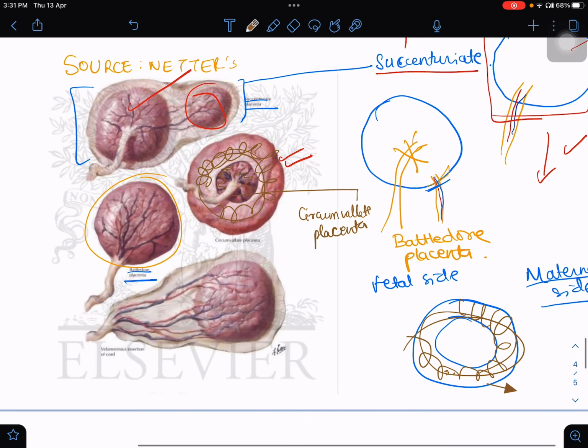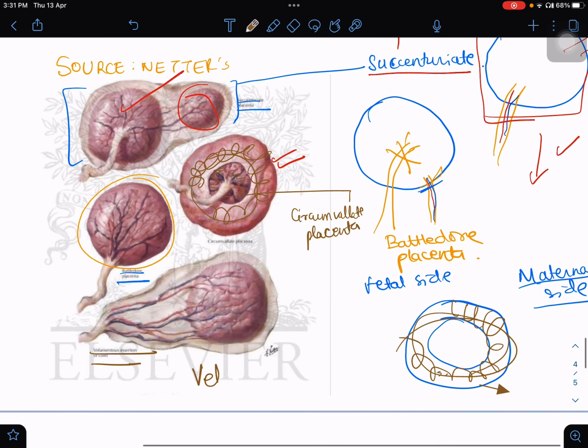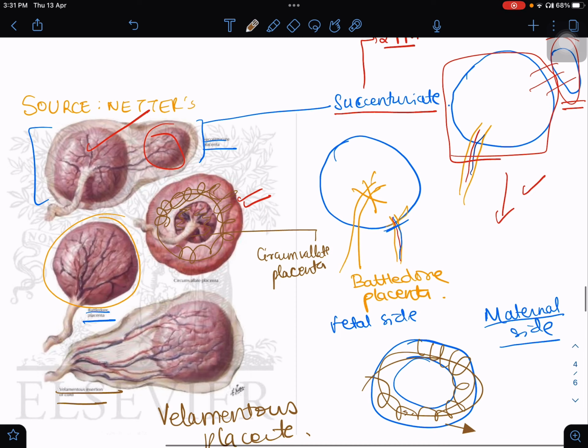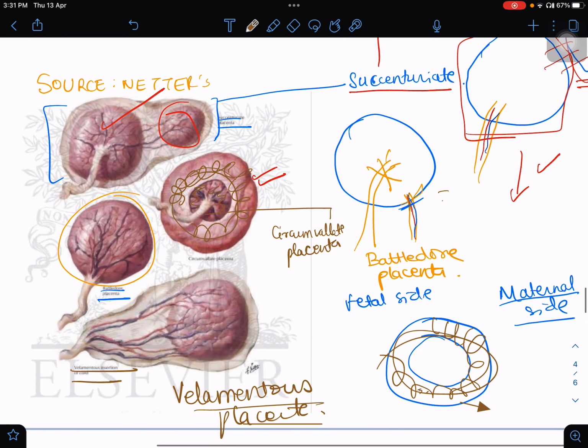Coming to the last one that we can see here, this is velamentous placenta. As I told you before, in battledore placenta the umbilical cord inserts into the margin. What happens in velamentous placenta is that the vessels insert into the chorioamniotic membrane and then into the placental mass.